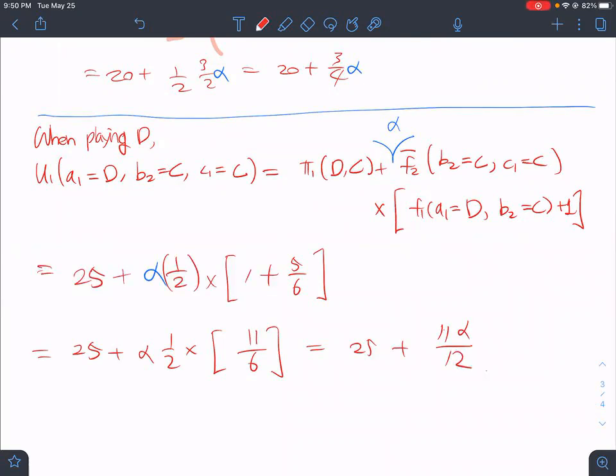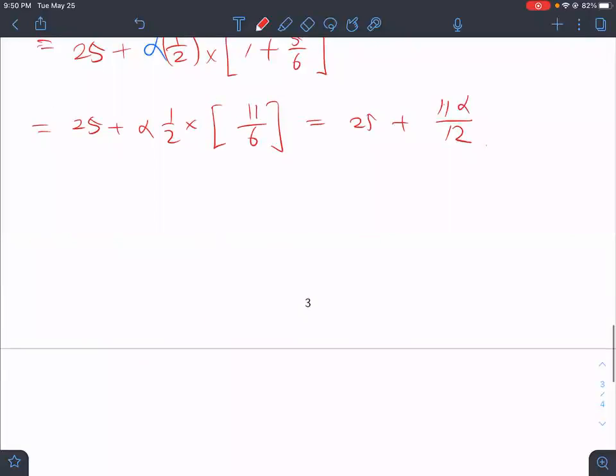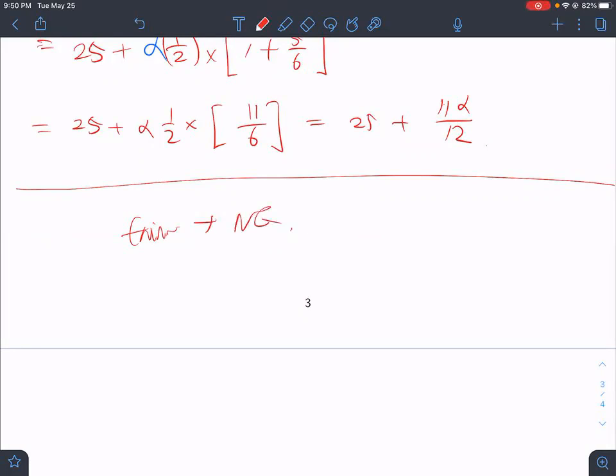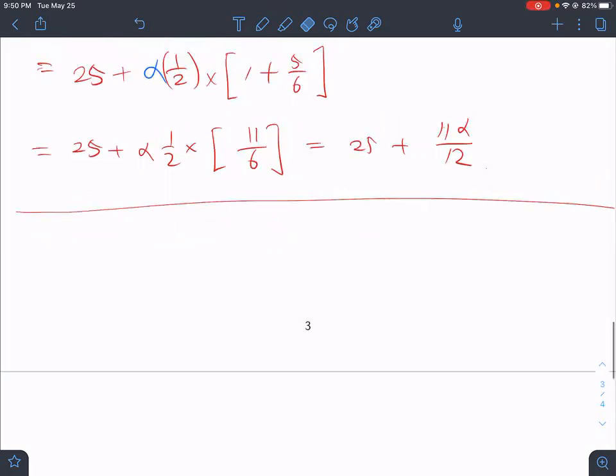You see what is happening here? It's not mentioned in the class, but if it is a fairness equilibrium, then it should be a Nash equilibrium. Let me conclude, and then I'll show you what is interesting.